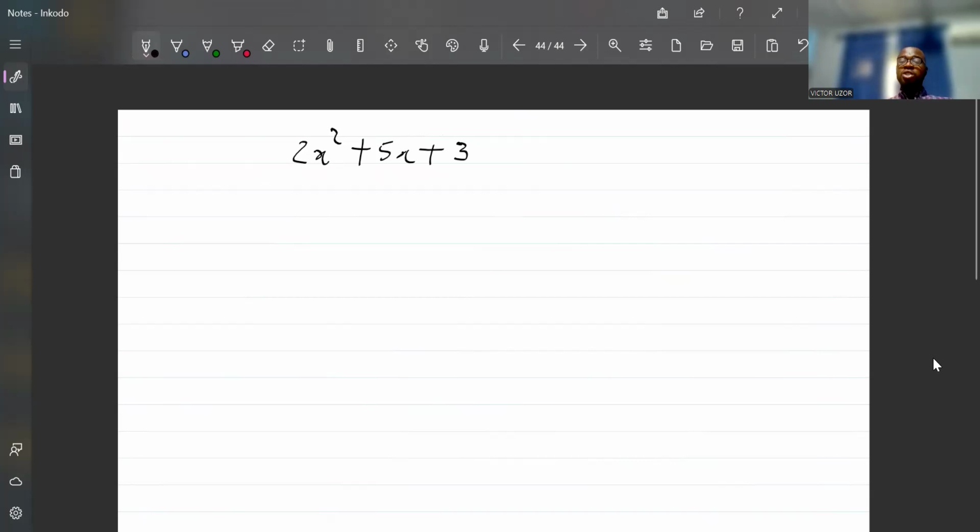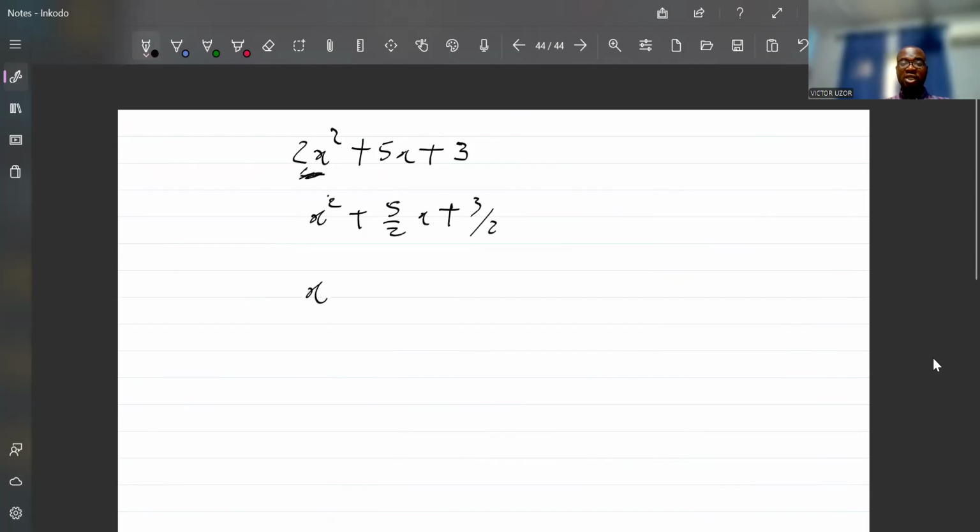If I want to put it in the vertex form, the first thing I'll do is make the coefficient of x squared to be 1. To make the coefficient of x squared 1, I'm dividing all by 2. So I'll have x squared plus 5 over 2 x plus 3 over 2. Now, from here, I can do the step.